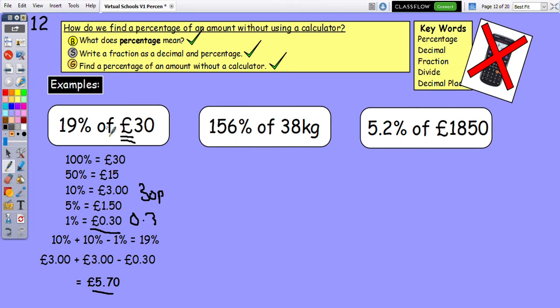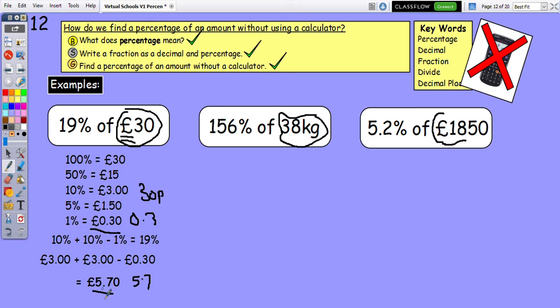What I'm saying is that you've just got to be careful when we've got units involved. It's not so bad if they're kilograms or metres or kilometres, but when it's money, you have to write your answer as money. So for example, I couldn't write 5.7 because that's not technically correct. If I was to ask you how much money you've got in your pocket, you wouldn't say I've got 5.7.